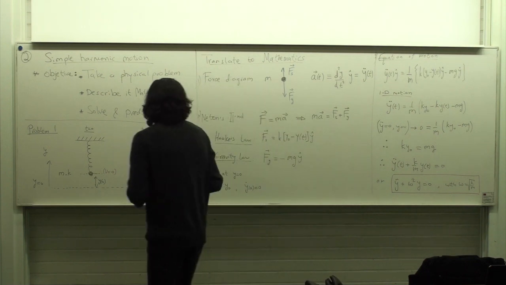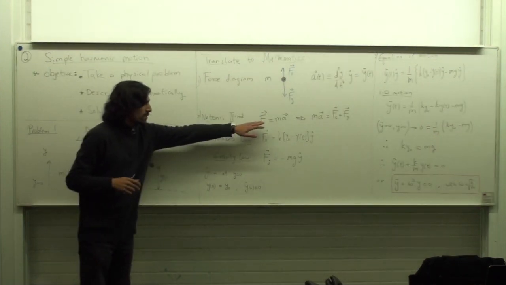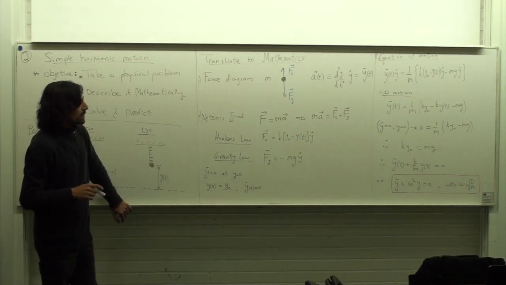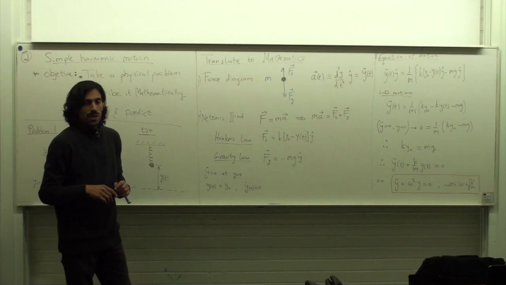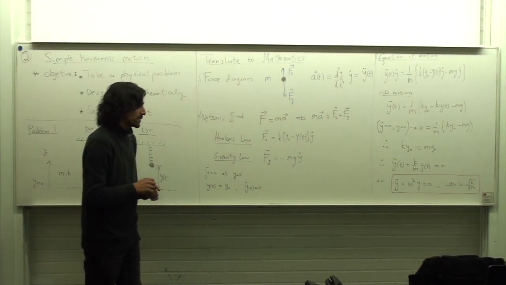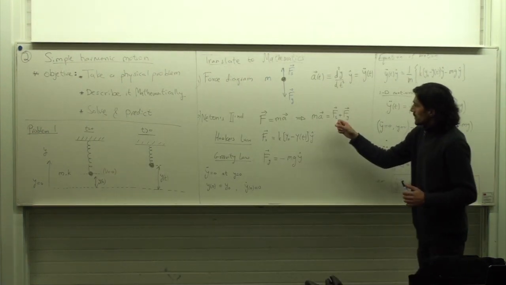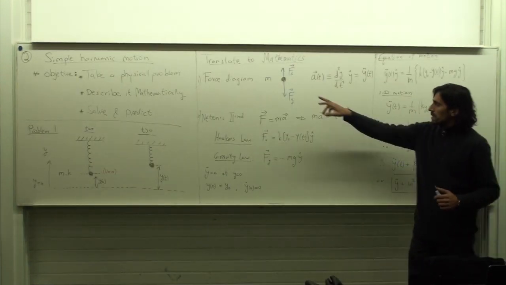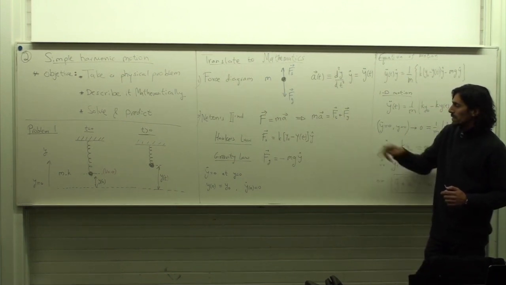We know from Newton's second law that F equals ma, where a is the acceleration. The motion is 1D here, so the acceleration is only in the y direction. So ma equals the sum of the forces acting on the object: the spring force and the gravity force.